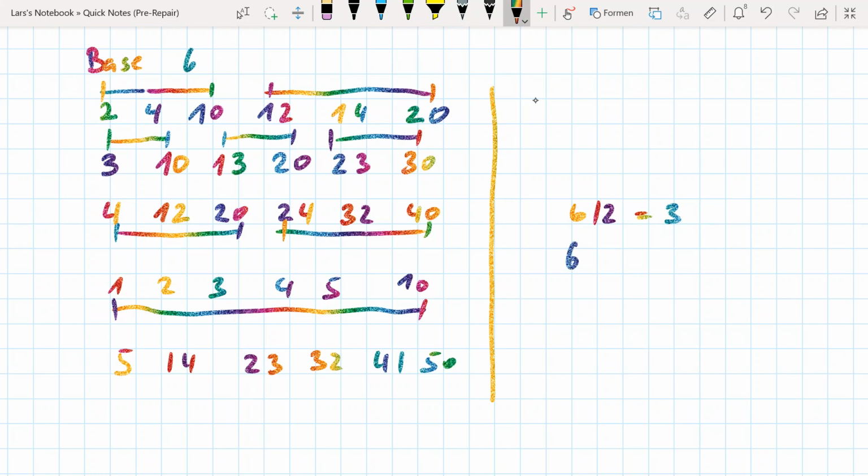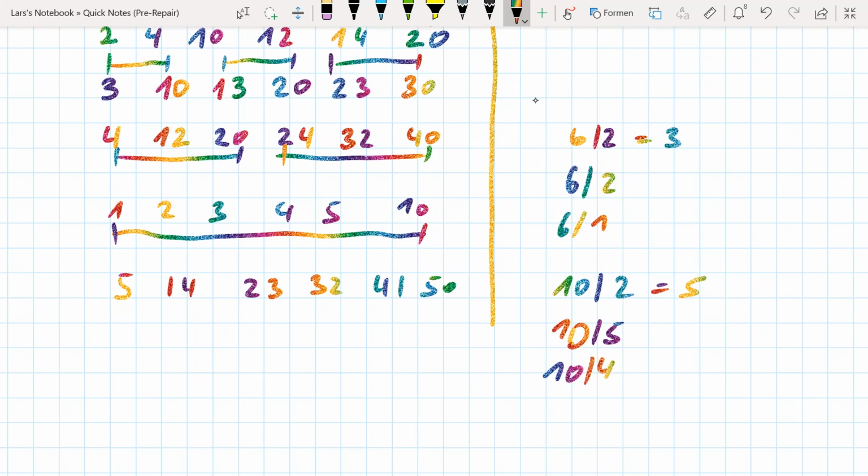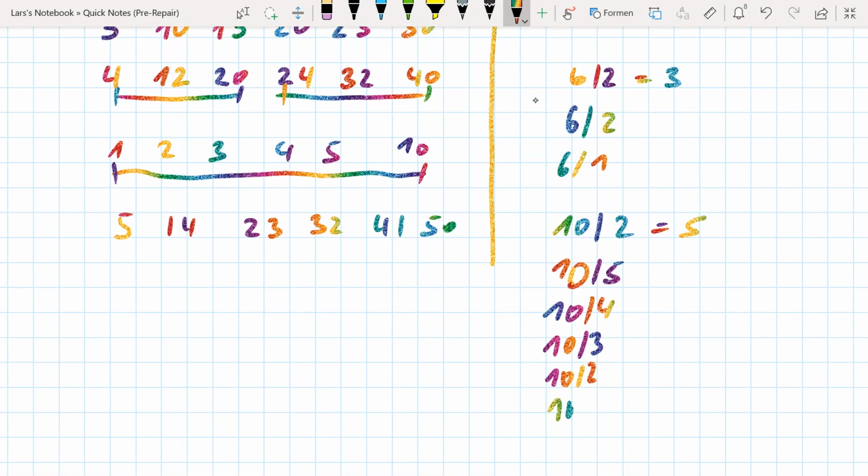So you can divide 6 by 2, it's 3, minus 1, you can divide 6 by 1. And that's not the case for 10. If you divide 10 by 2, you get 5, so 10 is divisible by 5, but not by 4, not by 3, only by 2 and by 1.